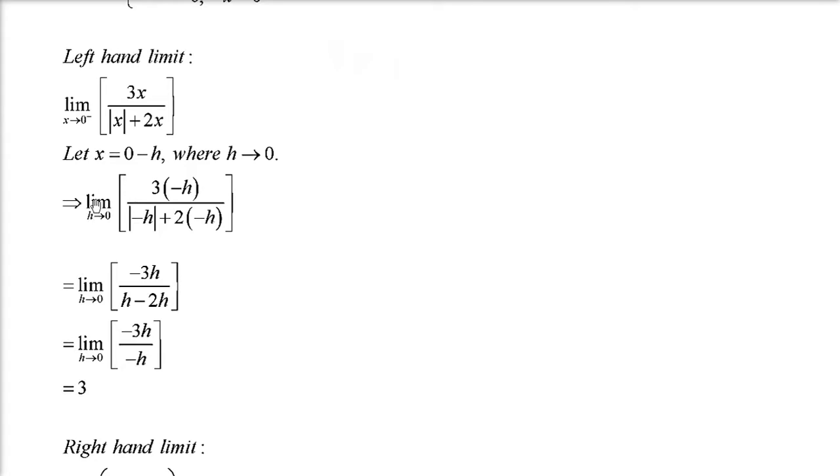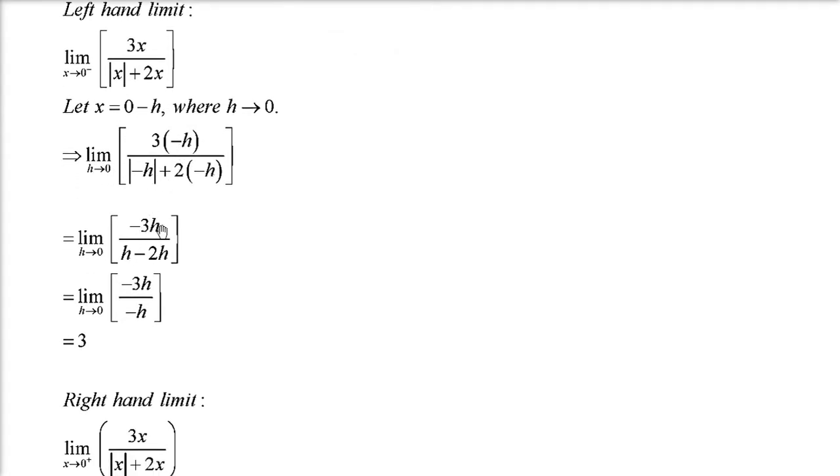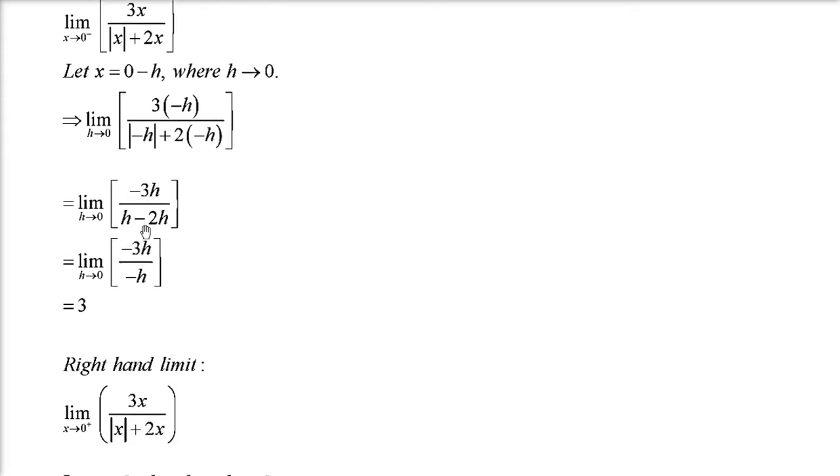So you have limit 3 into minus h by mod minus h. In the mod only the positive will come out, so you have h, and of course minus 2h. So minus 3h by h, that is going to be 3. When you remove the h, you don't write limit h tends to 0.